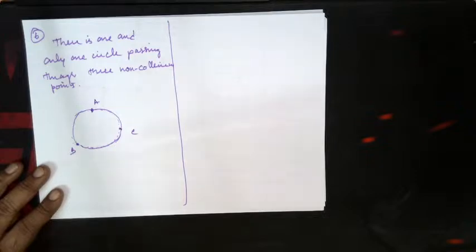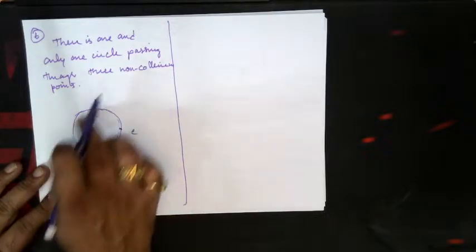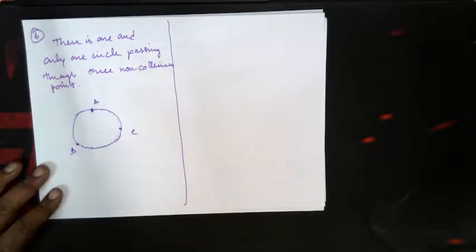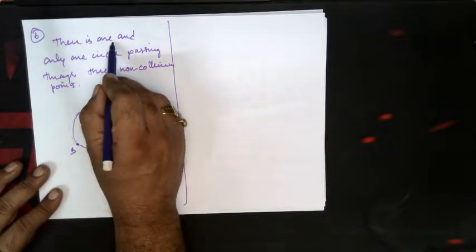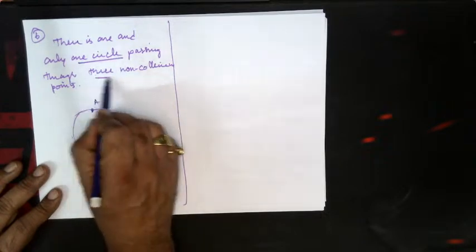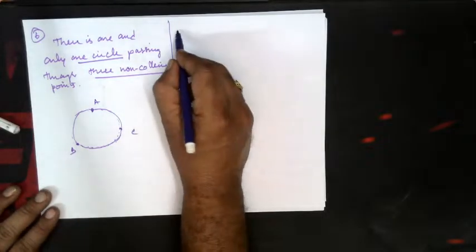Are you able to understand? If you have three non-collinear points, we can form one circle only. So there is one and only one circle passing through three non-collinear points. Do you understand? Right, we'll move to the 7th one.